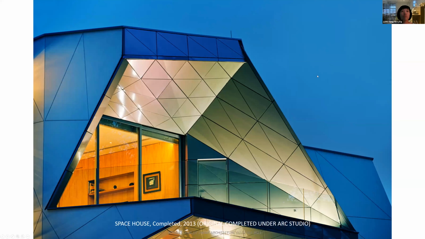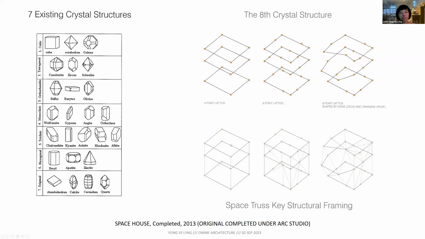It's a close-up, so you can see not just the outside, but all the cladding; everything is triangle in this unit. The idea is that there are 7 types of existing crystal structure, made of cubic, in this whole table here on the left, right?